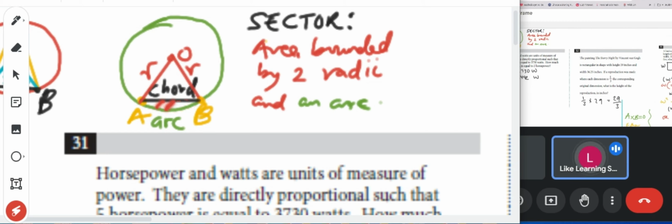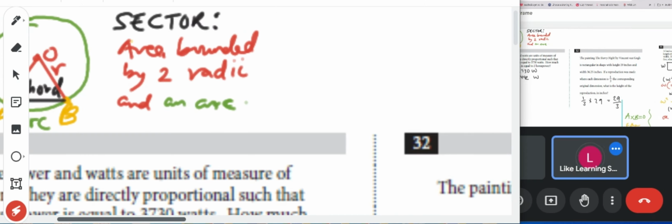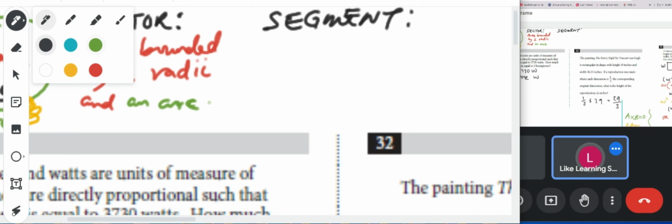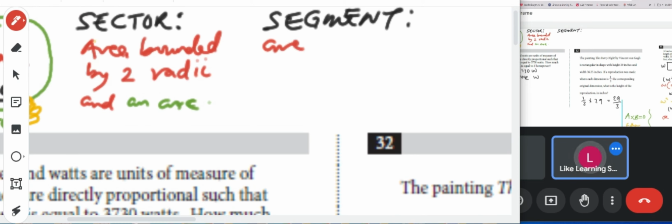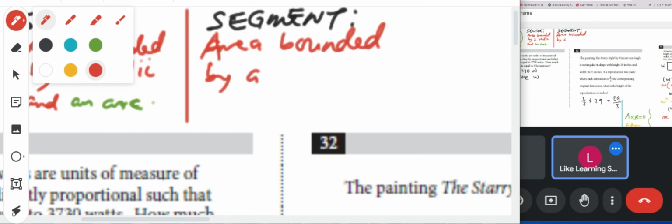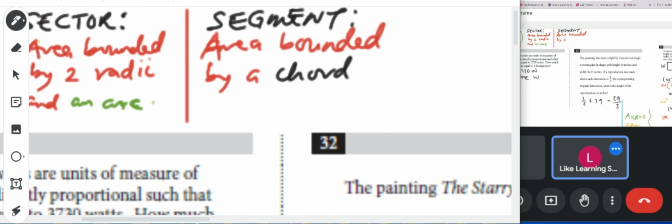It's a segment: the area bounded by two things, a chord and an arc.